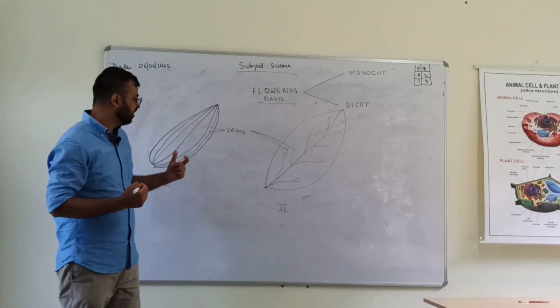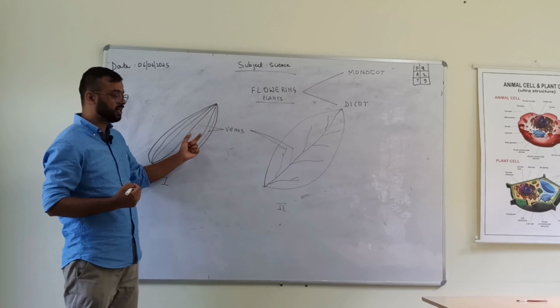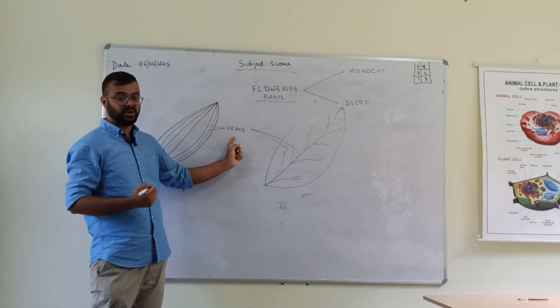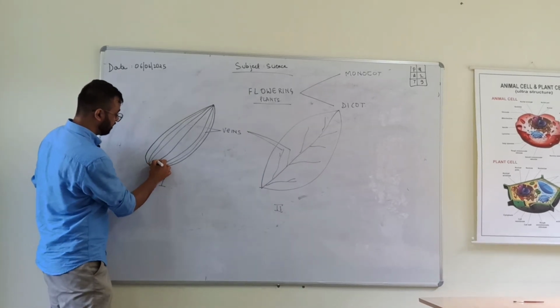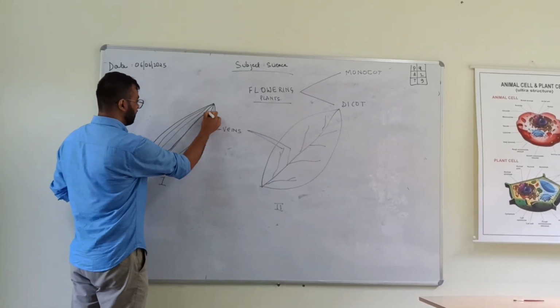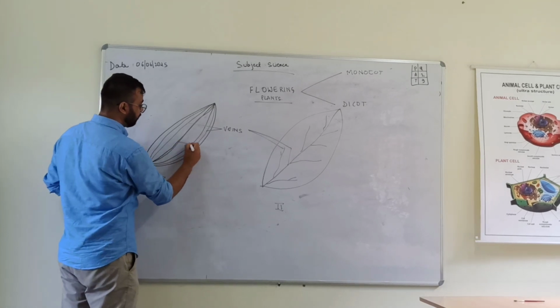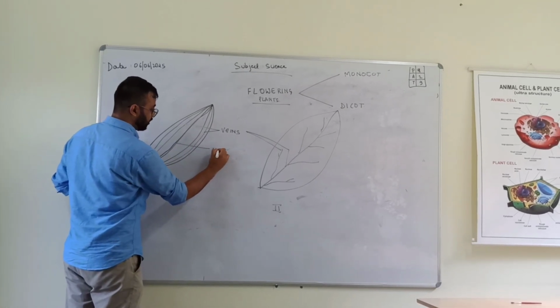Coming back to the leaf, the lines running in the leaves are called veins. The thick line present in the middle is called the central vein or the midrib.